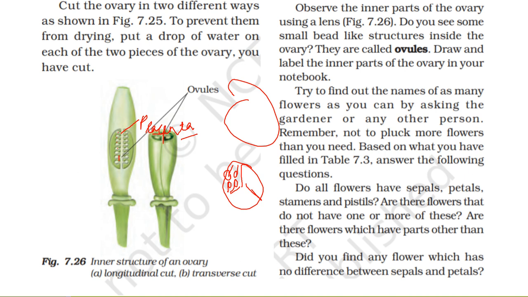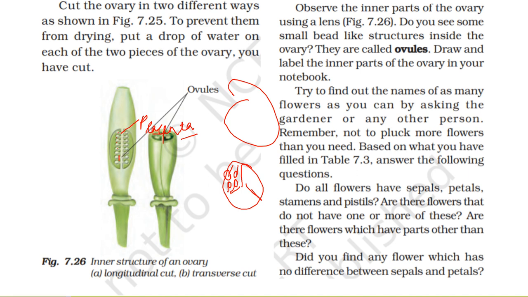Yes, a very main thing to discuss here is that in some flowers the sepals are joined and in some the sepals are free. We have taken the example of separated sepals, that is rose, but let me tell you an example in which sepals can be seen joined or fused.